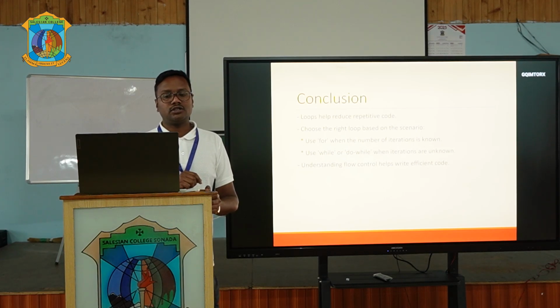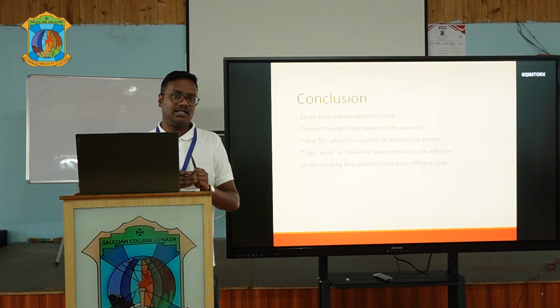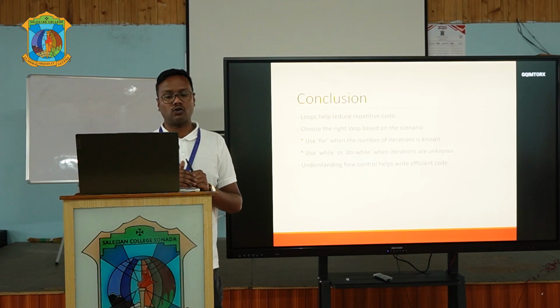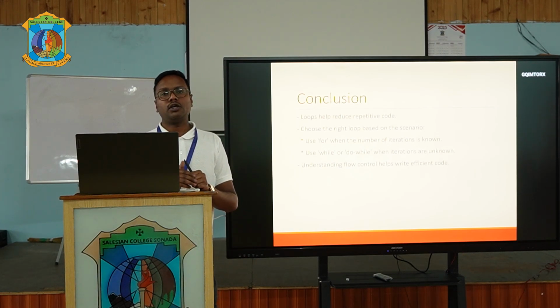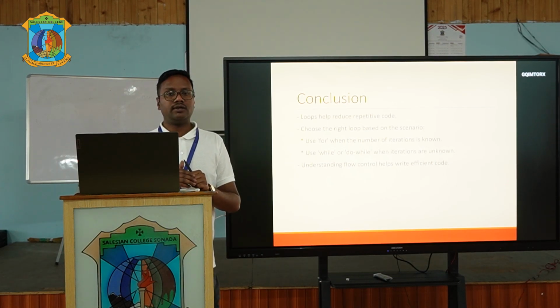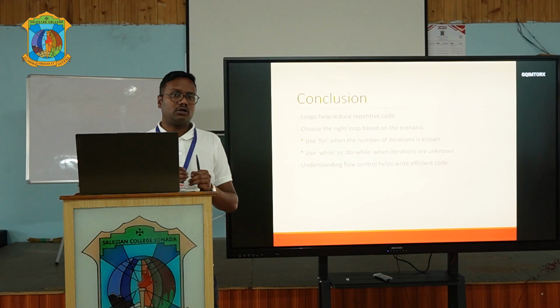To answer that question, if we know the starting and the end condition beforehand, then we can use the for loop. But if we don't know the stopping condition, then we basically go for the while and do while loop. So depending on the scenario, we can choose what kind of loop we need to execute.